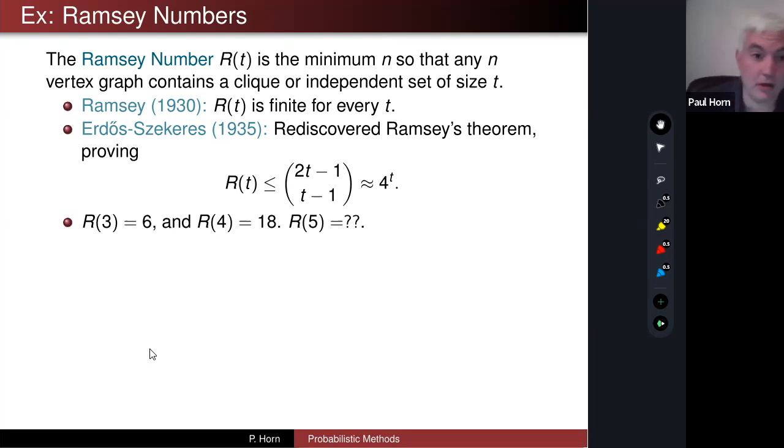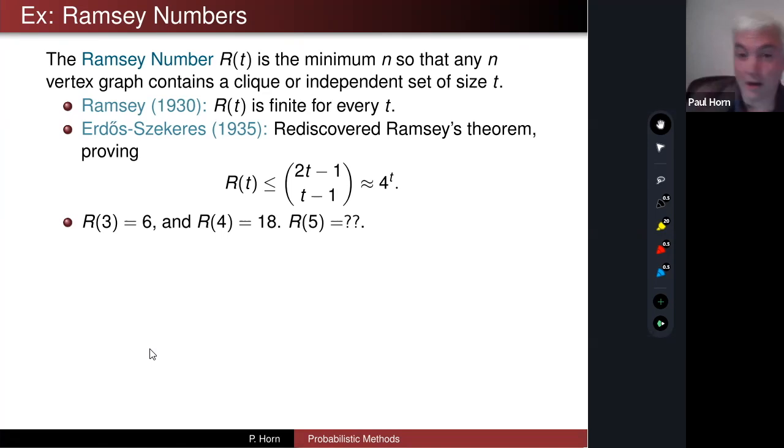In particular, Erdős and Szekeres proved this exponential upper bound, that R of t is less than this binomial coefficient, 2t minus 1 choose t minus 1, which if you squint at it and think about how large this is, it's like 4 to the t, maybe 4 to the t over root t, but basically like 4 to the t.